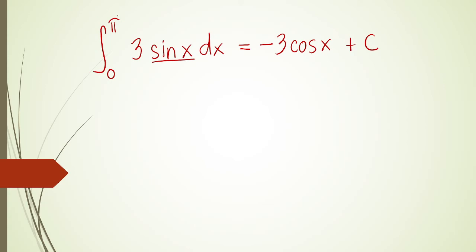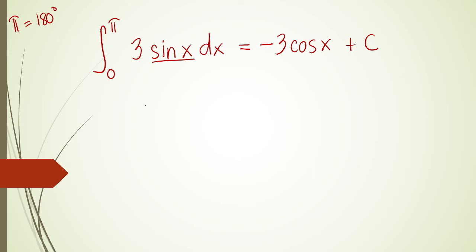When I talk about pi, what is its value when I translate that to angles? 180. So take note, when I talk about pi, it is equal to 180 degrees. So this 180, I will substitute for x.